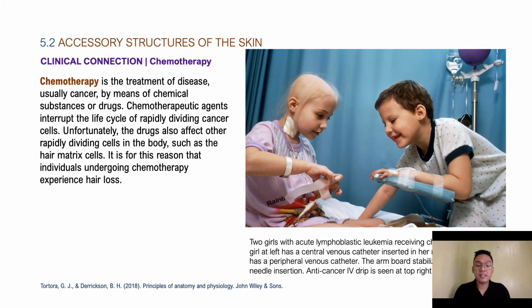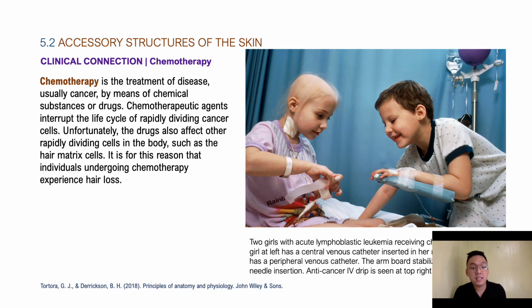Next will be a clinical connection on chemotherapy. Chemotherapy is a treatment of disease, usually cancer, by means of chemical substances or drugs. These chemotherapeutic agents interrupt the life cycle of rapidly dividing cancer cells. Unfortunately, this also affects other rapidly dividing cells in your body, such as your hair matrix cells.